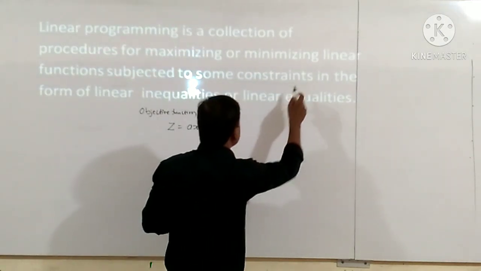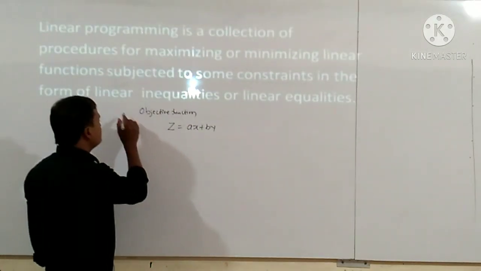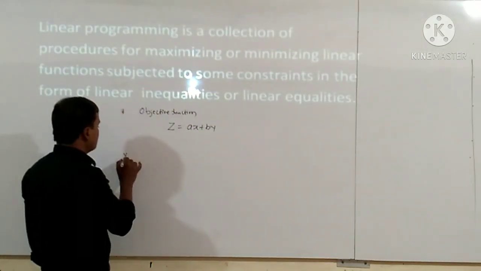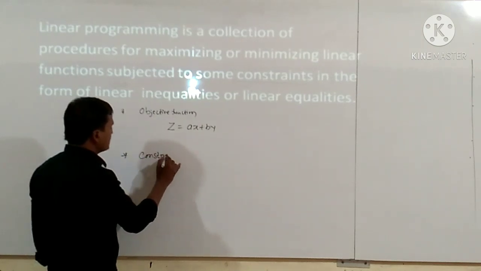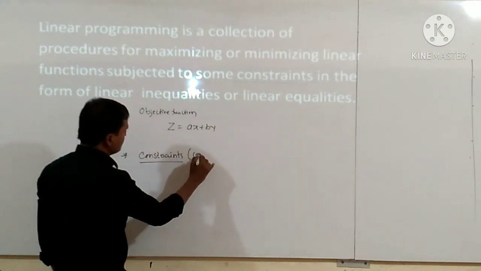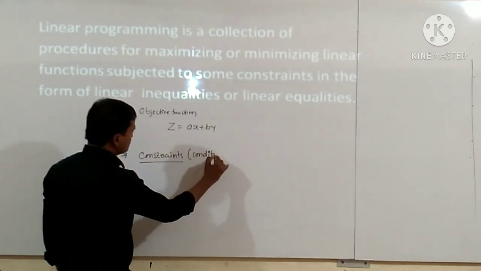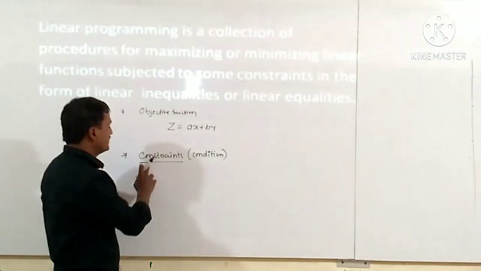Constraints means these are the conditions. So the first one is the objective function, and the second one is constraints, which are nothing but conditions.